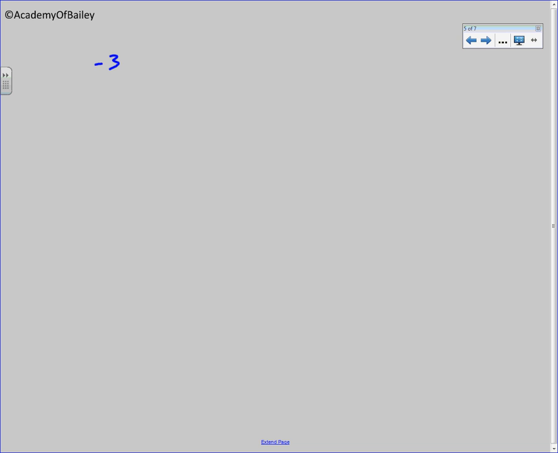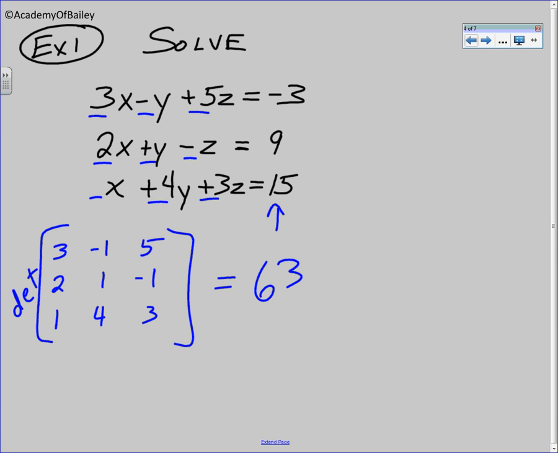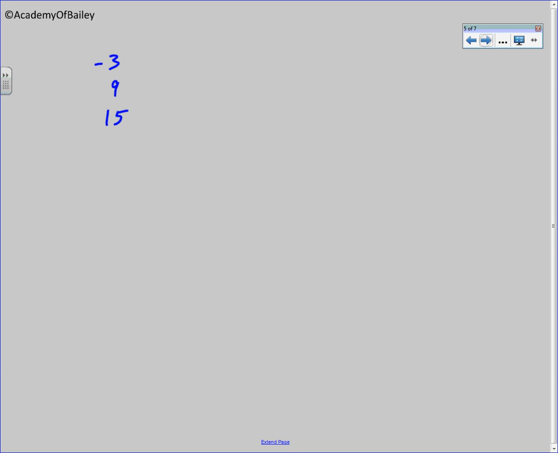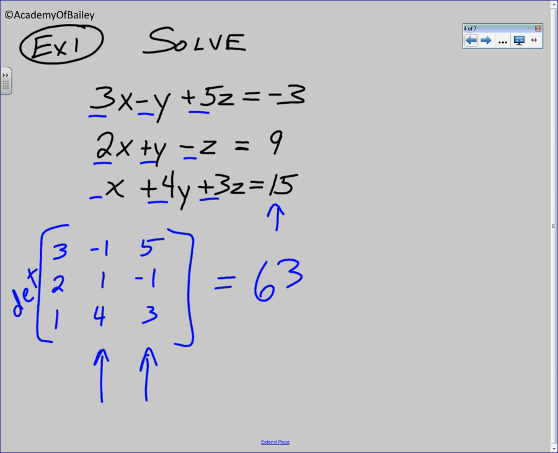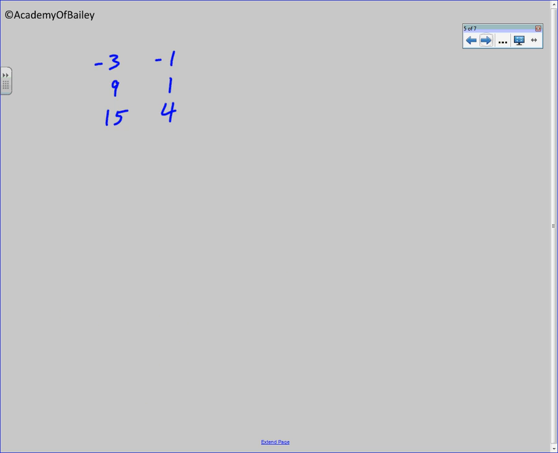So -3, 9, and 15, and y and z are going to stay the same. And remember, we are calculating x.